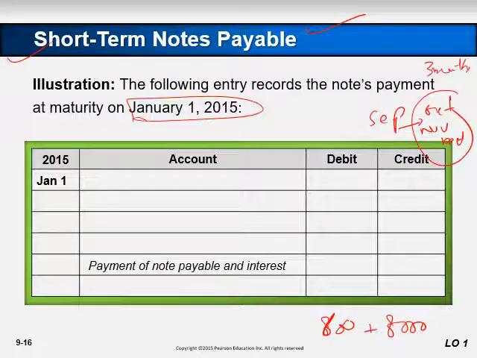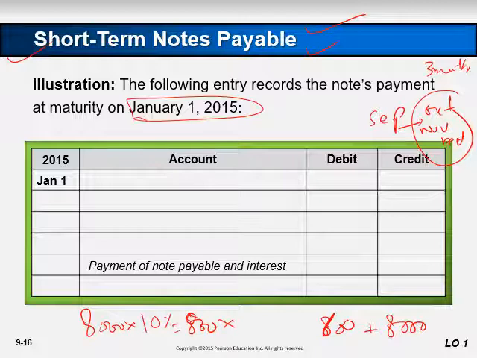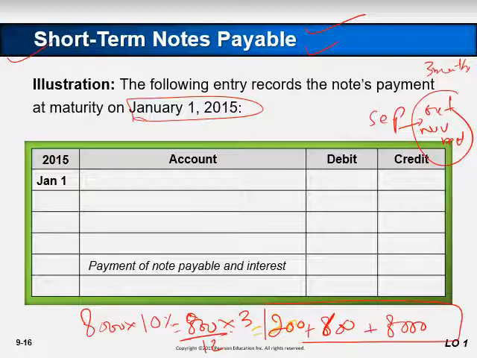So the extra 3 months interest would be 8,000 multiplied by 10%. Answer is 800. So we use that to find out the extra interest that we have to pay for 3 more months. You divide it by 12, multiply by 3. Answer is 200, right? Just write it down, 200. So that is the total amount. These we already included in our fiscal year. Fiscal year end is in September. Only thing that we have to include here is this extra 200.